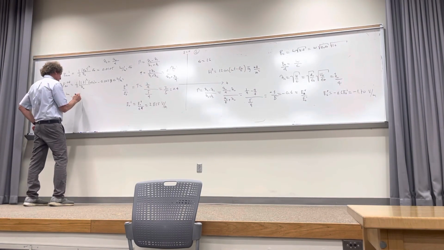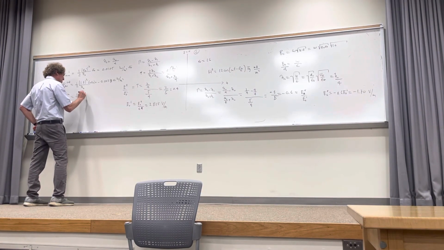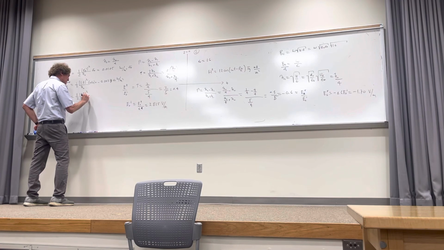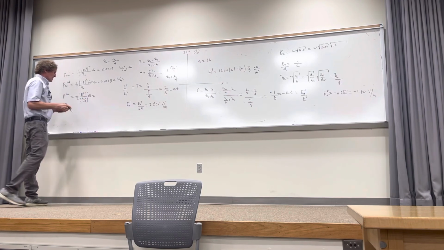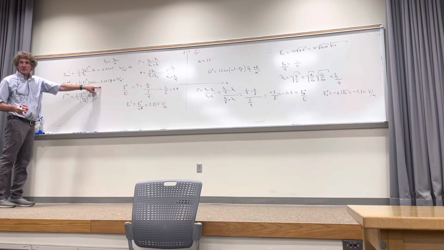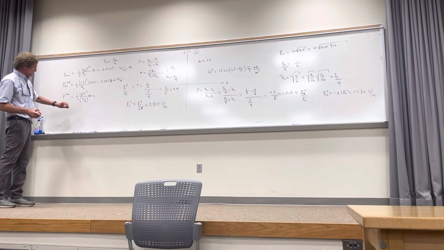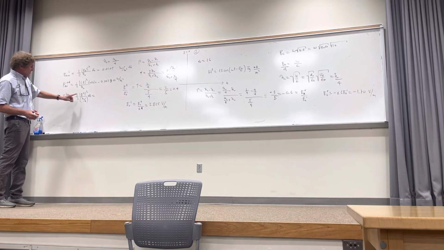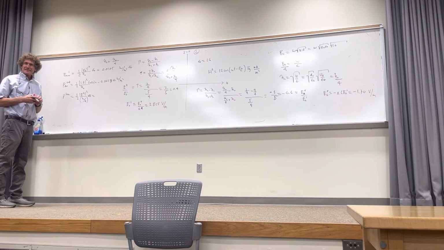Anyway, the transmitted electric field squared over 2 eta 2, and eta 2 is eta naught over 4, and this would be in the AZ direction. Now, if you add these two together, you will get the transmitted power. Or you can go to this calculation. Frankly, I don't remember what the transmitted field is. Anybody? Did anybody write it down?